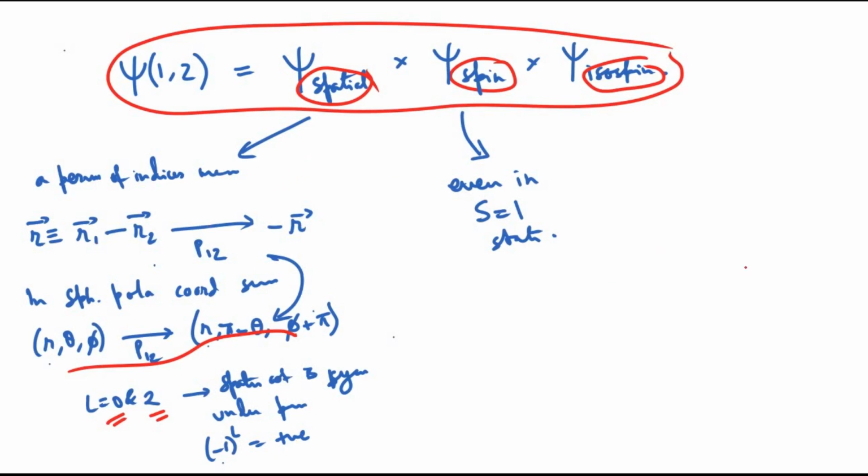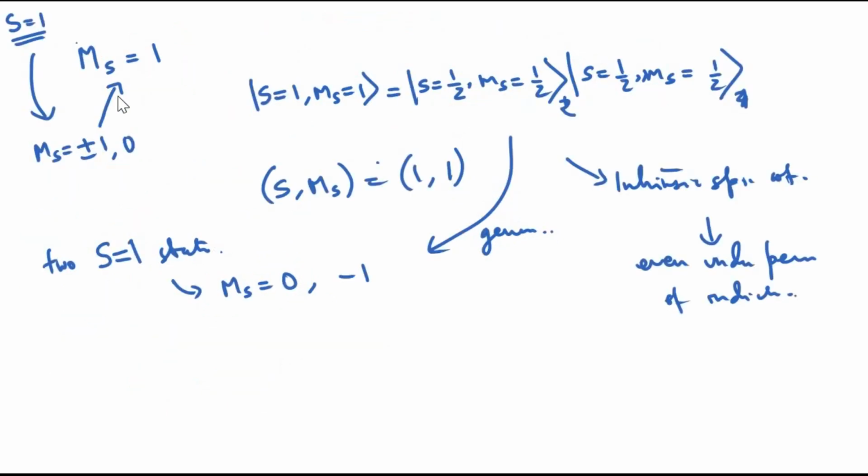Next we have considered the S is equal to 1 scenario. There are three possibilities of MS. We have considered the wave function for MS equal to +1. We have written it over here, right? And you see there is hardly any change if we change the indices.